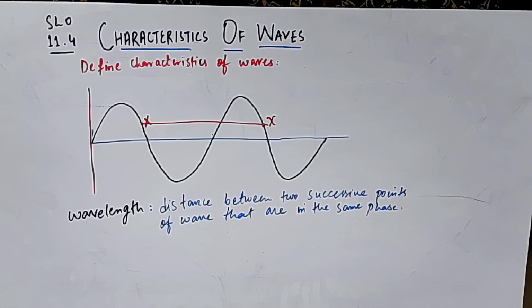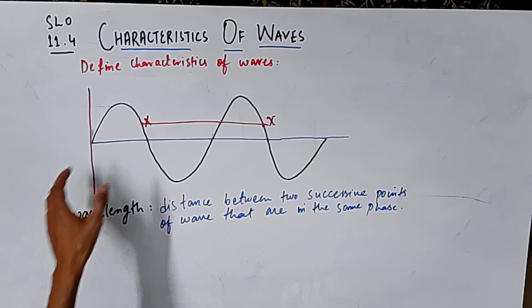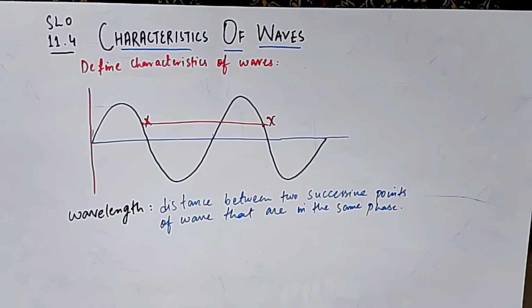It is not necessary that every time you say crest to crest, trough to trough, compression to compression, or rarefaction to rarefaction, but this is also the wavelength. Maybe in the MCQs this option could be given and you may think that it is not the correct answer, but this is the correct answer for the wavelength. But yes, mostly we take from crest to crest and trough to trough, right?